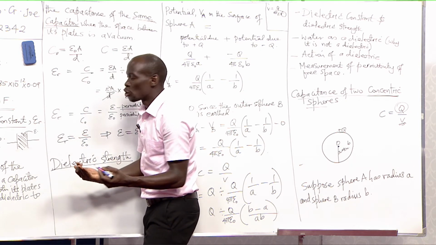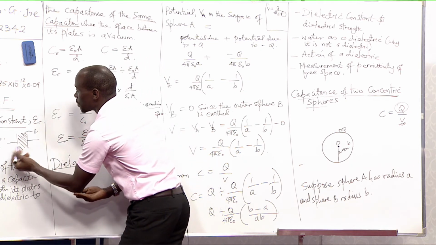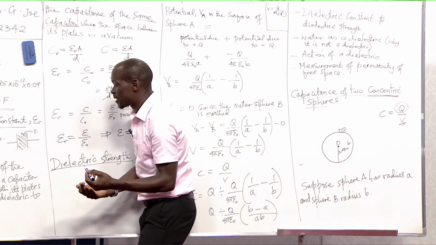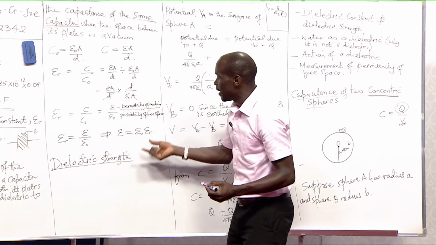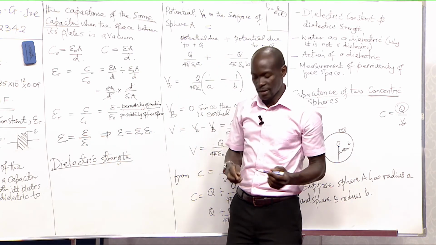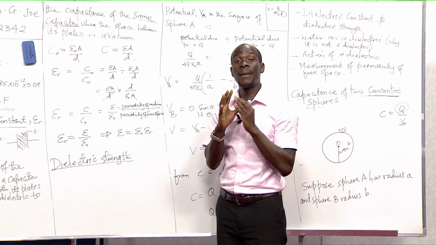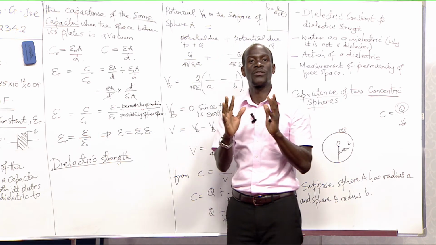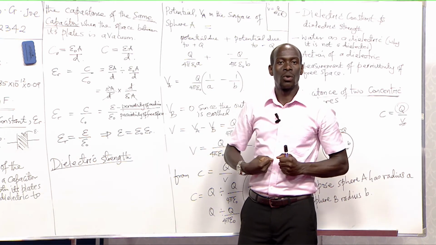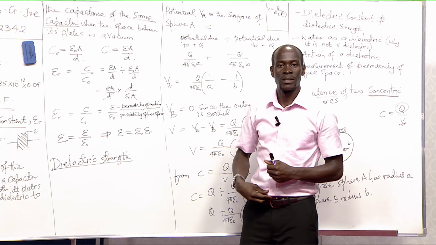Isn't it so? So electrons cannot flow through from this side to the other side. Okay? But each dielectric is made in such a way that it has a maximum capacity of electric field intensity it can hold before it can conduct.